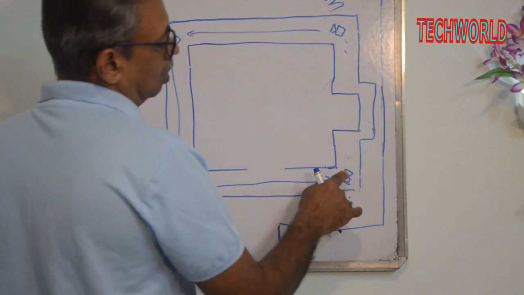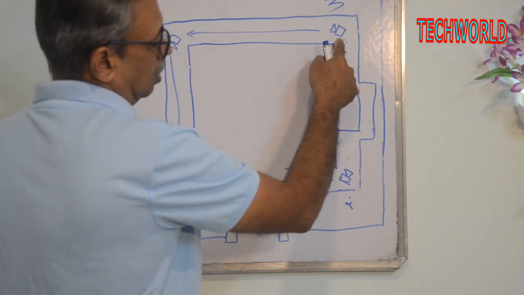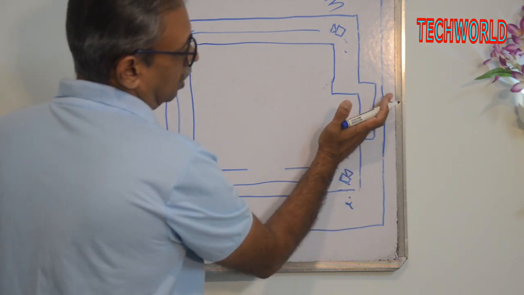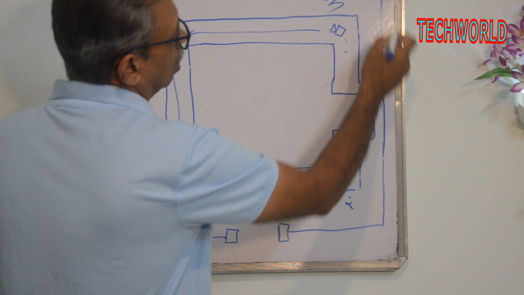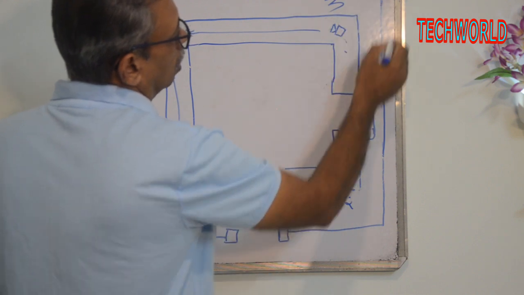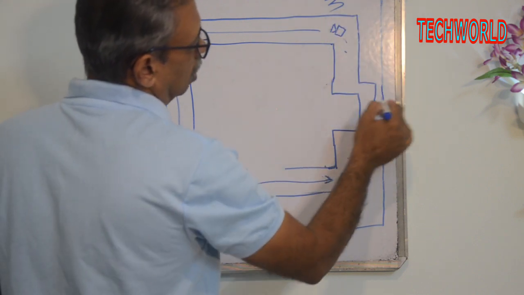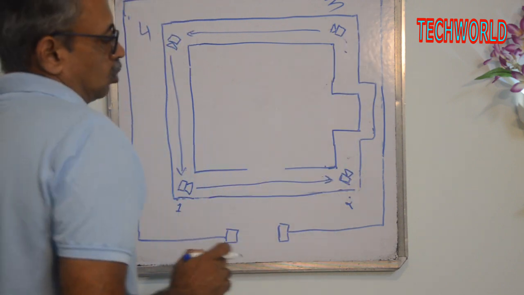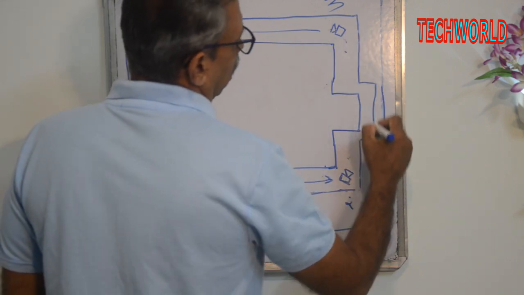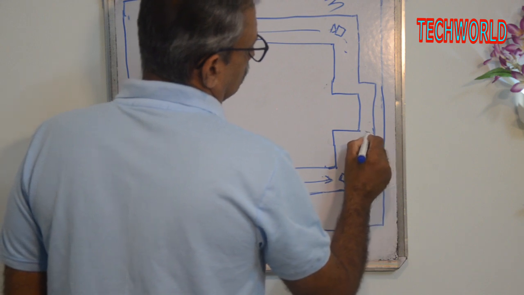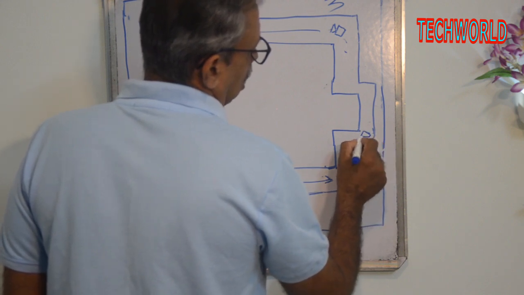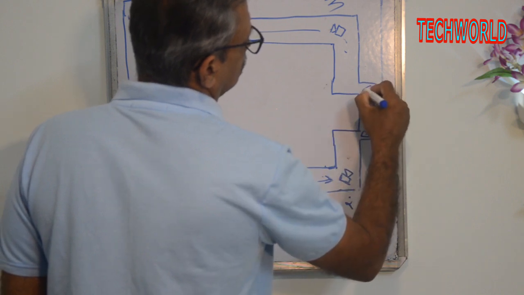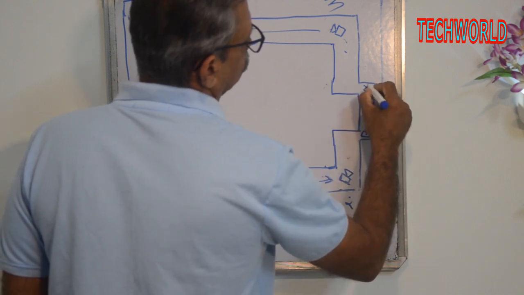Now if you see, this camera can never see this camera, and the view of this camera is blocked over here, just like this. So there is an invisible area over here and over here. All these places are invisible for this camera. So what we have to do is add another camera, just like this, over here, and just one like this over here.